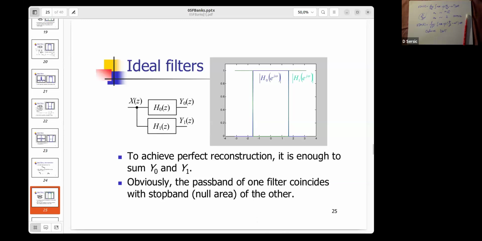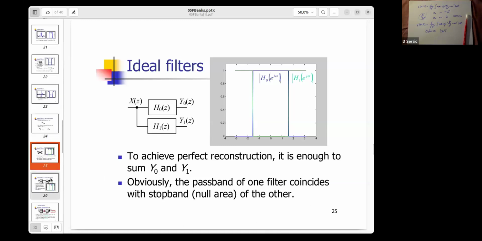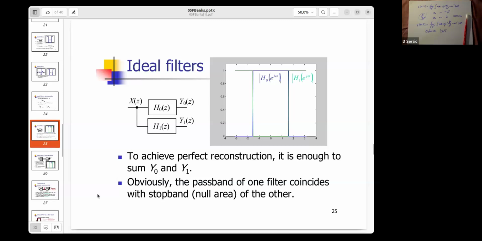Of course, the pass band of one filter coincides with the stop band of the other, and we have no zeros that actually coincide between the two filters. So perfect reconstruction is possible. But okay, it's trivial, only to sum them together, add them up.